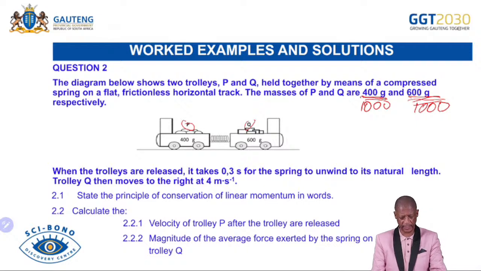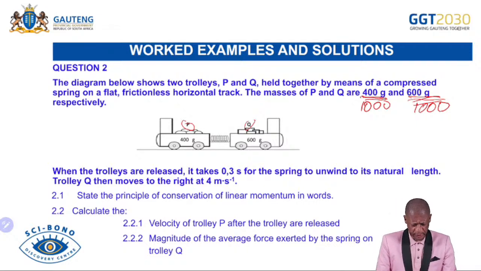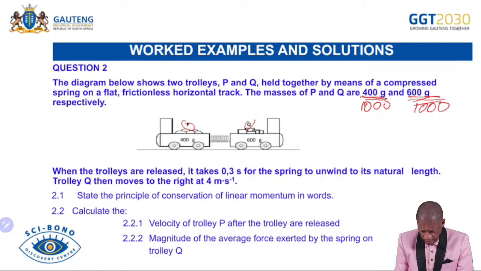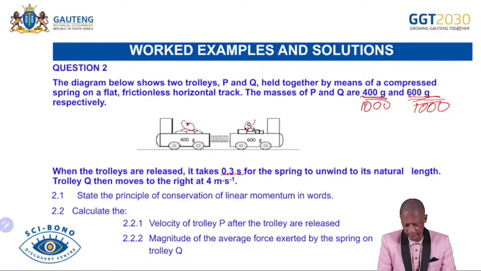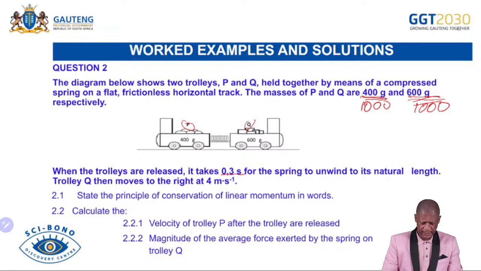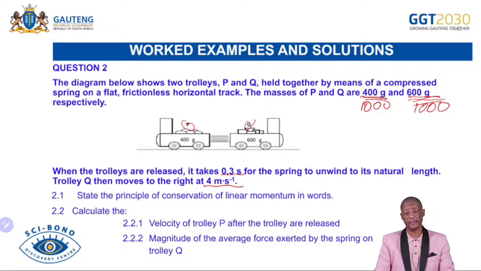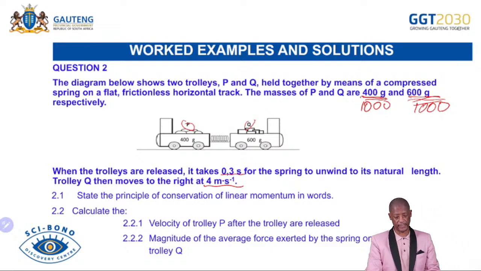Now they say when the trolleys are released, it takes 0.3 seconds for the spring to unwind to its natural length. Now, trolley Q then moves to the right at a speed of 4 meters per second.